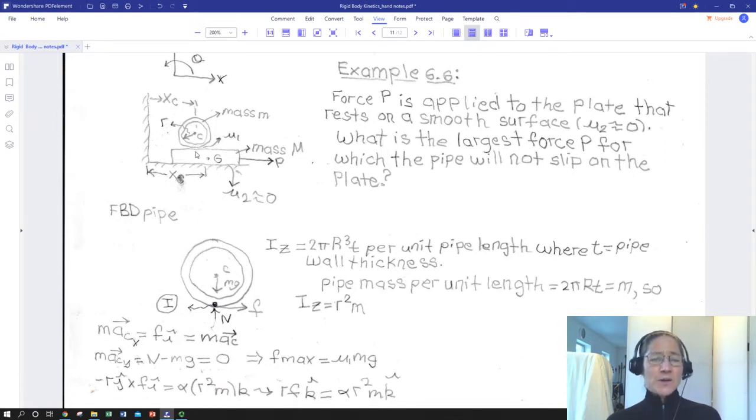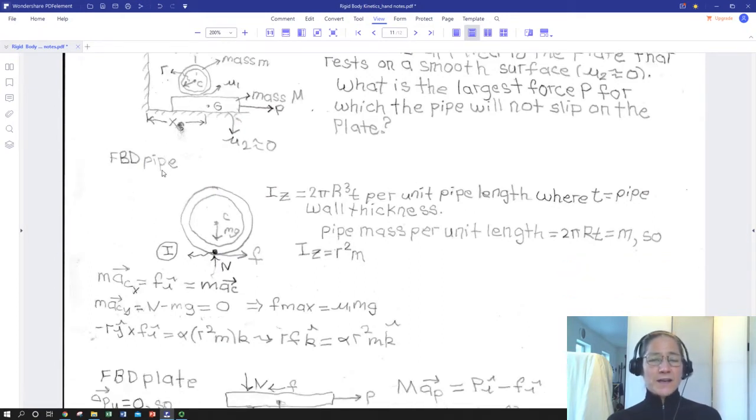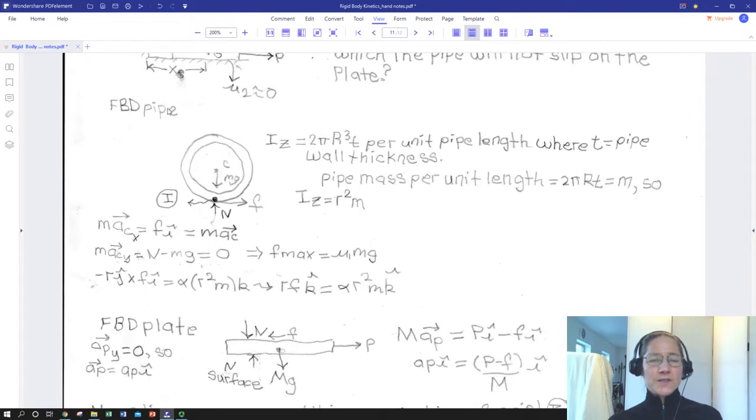The only way that we can connect these two, other than the normal force in the vertical direction, is if we have rolling, then we know we have a point of common velocity at that invariant point. But otherwise, we're going to have to relate them some other way. But in the meantime, we can continue with what we do know.